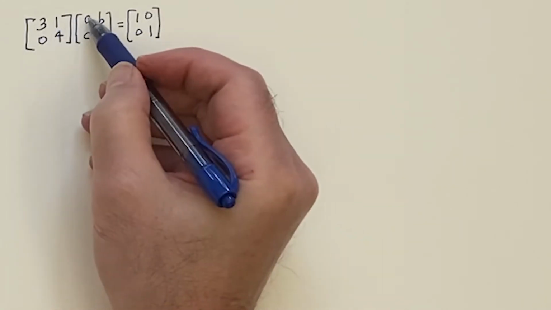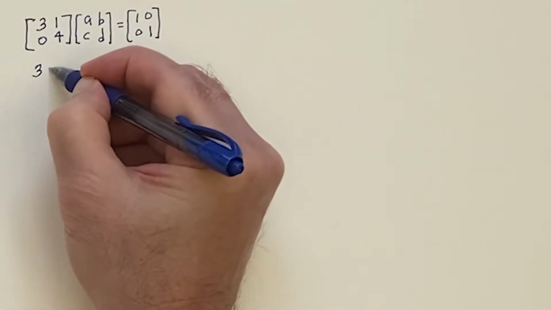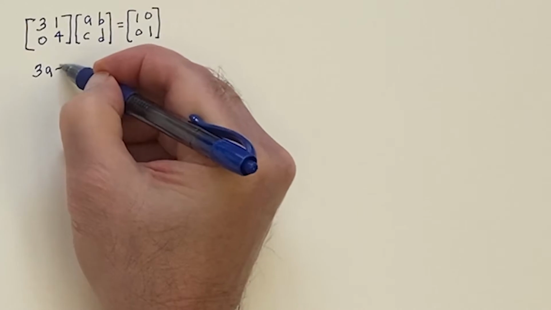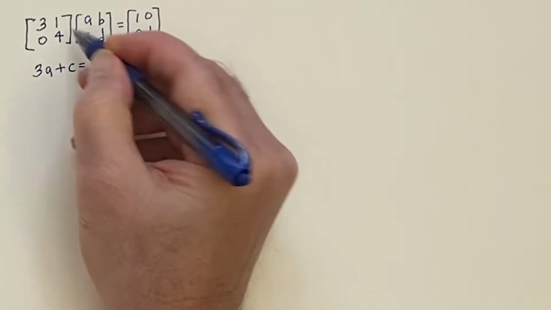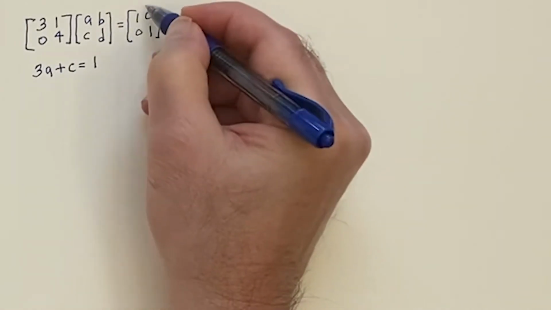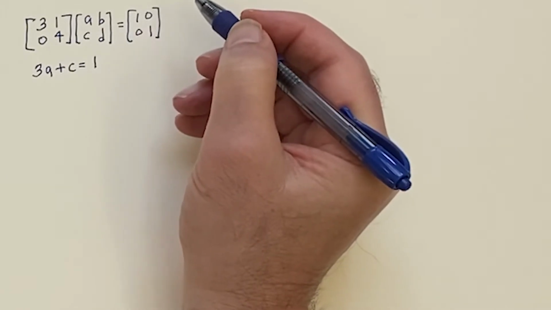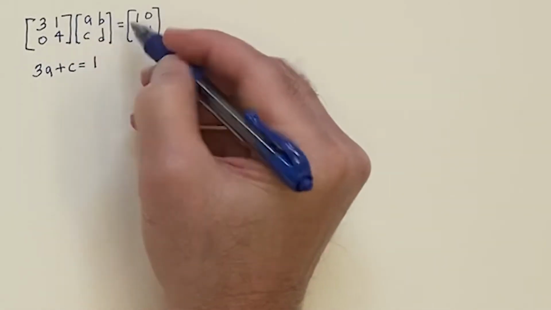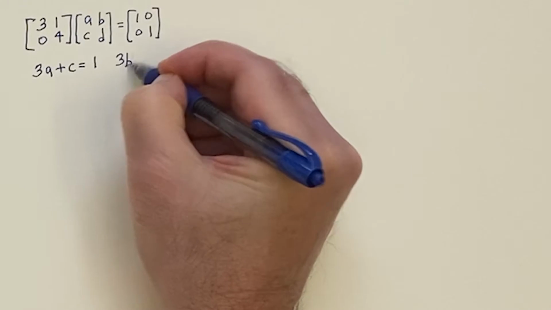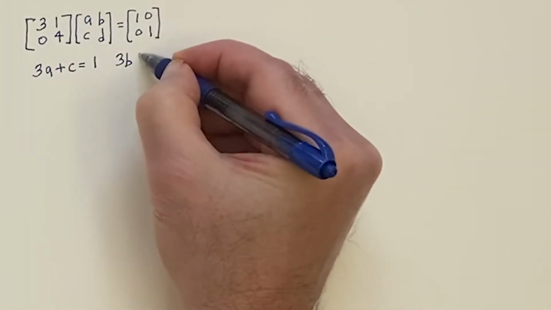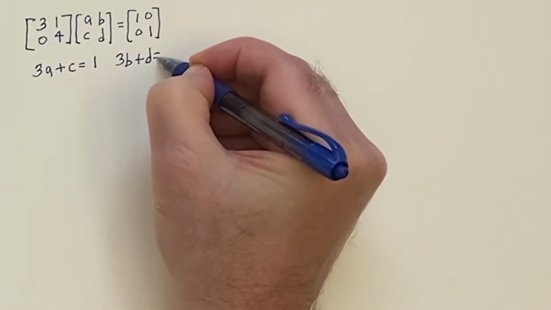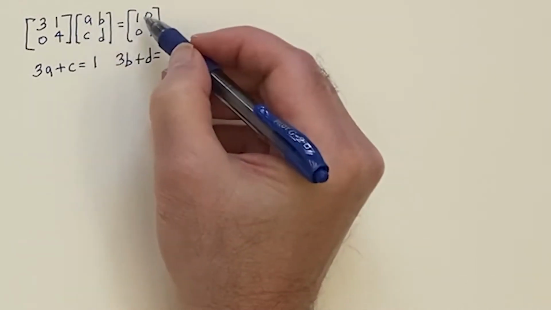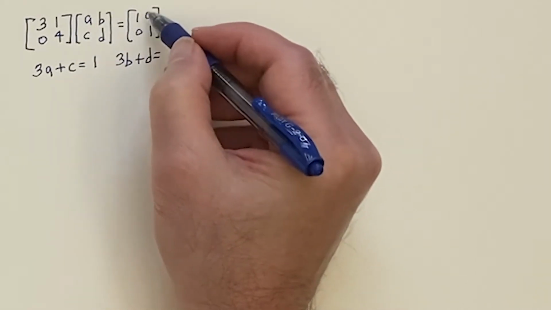Well, if you take 3 times A plus 1 times C, that has to equal the 1. That's this one up here. If you take 3 times B and you add 1 times D, that has to be equal to 0.